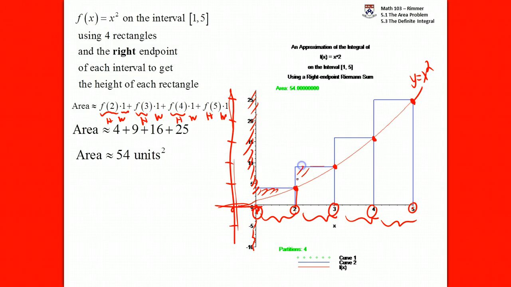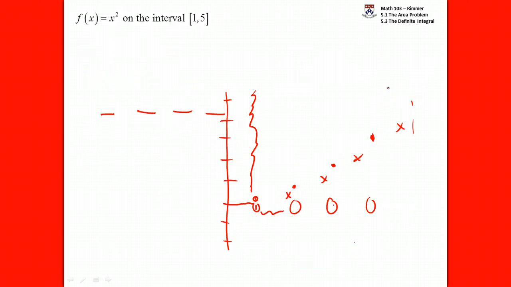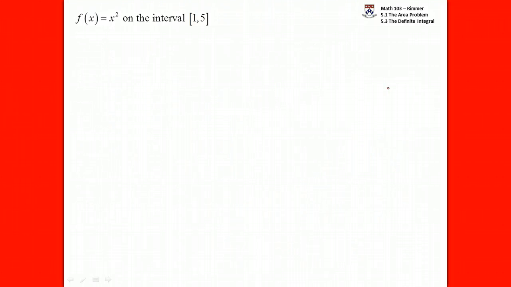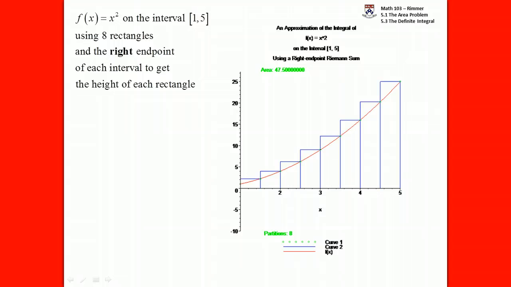By doubling the number of rectangles, this amount that I'm off comes down. Let me go back to 8 rectangles. The sum of those overages is much less than the sum of the previous overages as far as area goes.